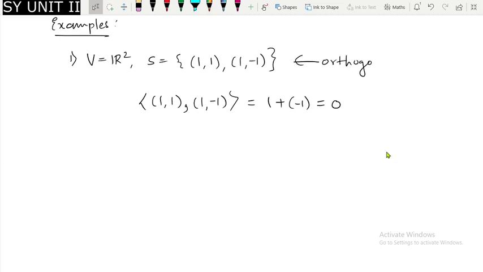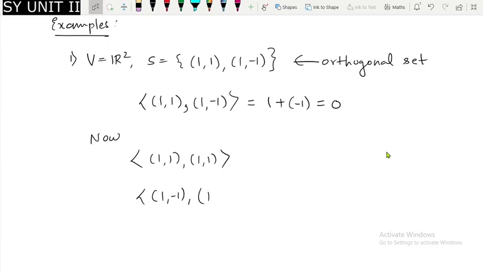So is it an orthonormal set, that we have to check. So now we will check the inner product of the vectors with itself. We are supposed to check two things, the inner product of (1, 1) with (1, 1) and the inner product of (1, -1) with (1, -1), and if it comes out to be 1 in both the cases, then we will say that it is orthonormal also.